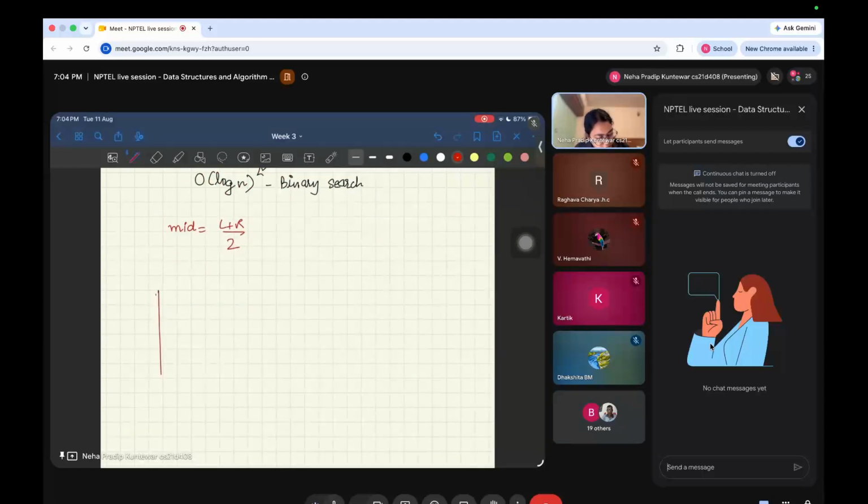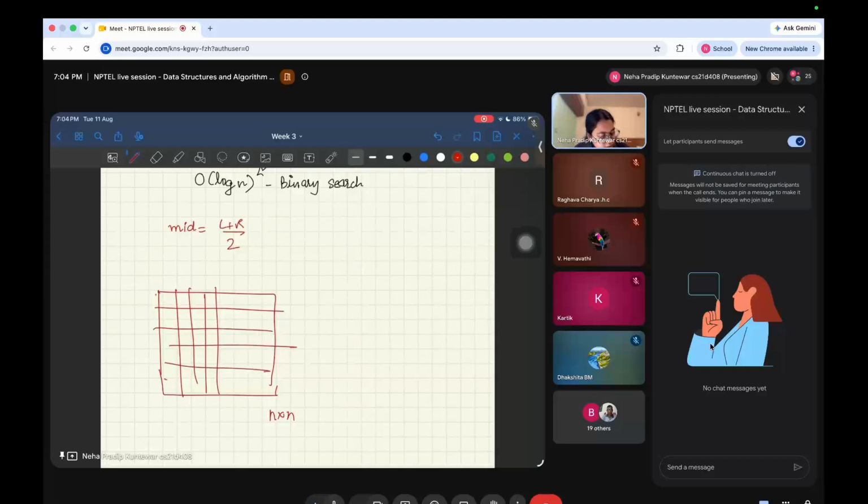Finding a local minimum in a 2D grid: let's say this is an n cross n grid. I'll say that this element is a minimum if the adjacent cells all have a value larger than this element.